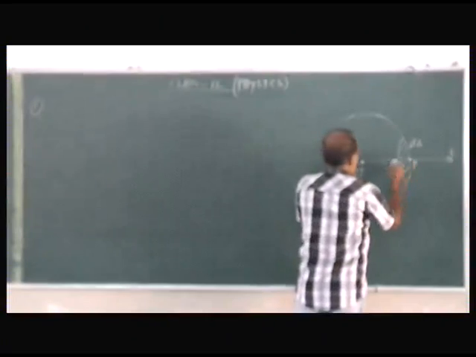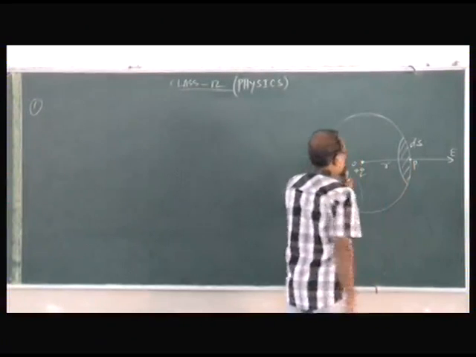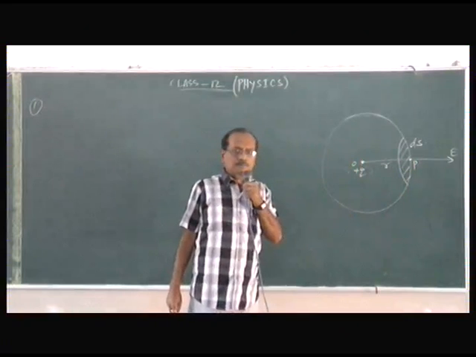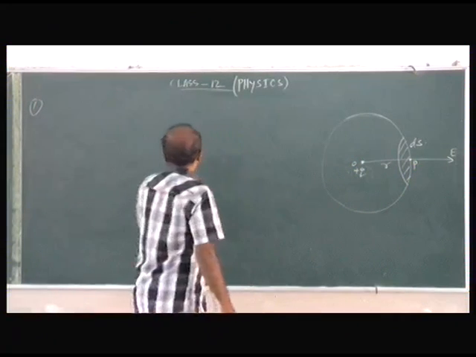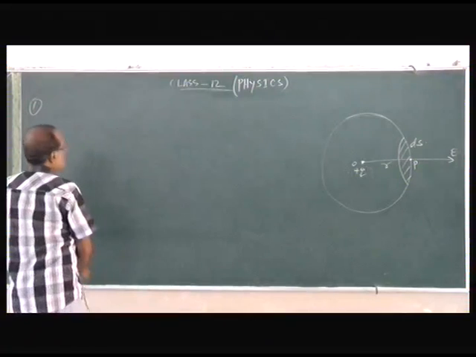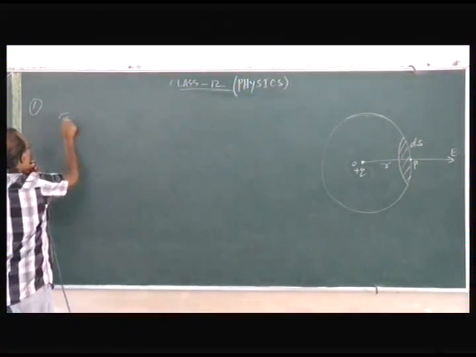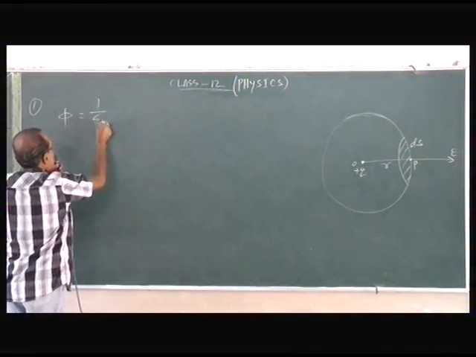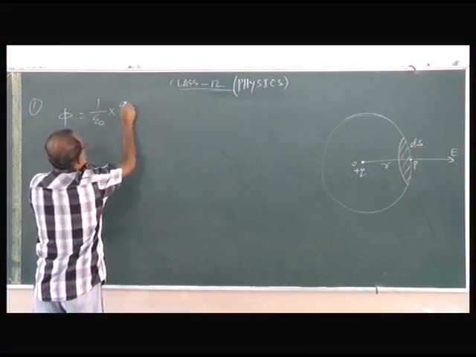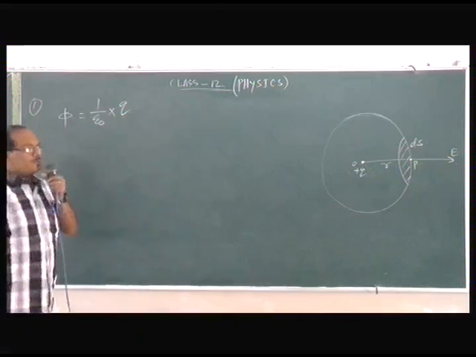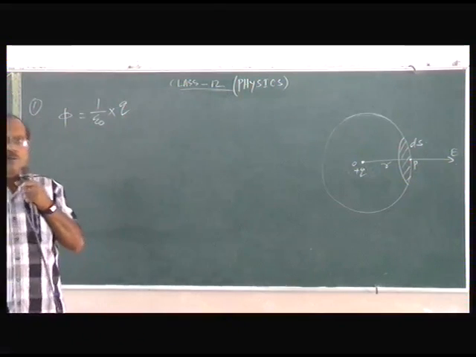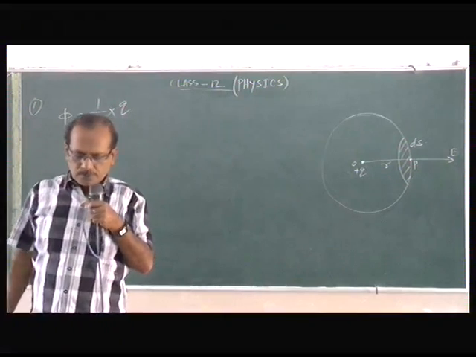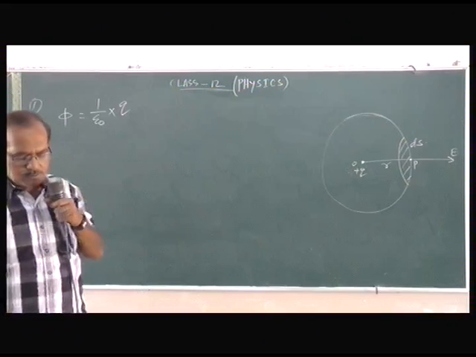The distance of P will be the radius of the spherical surface, that is R. It is saying that the total electric flux is 1 by epsilon naught times the net charge enclosed by the surface, 1 by epsilon naught into Q.